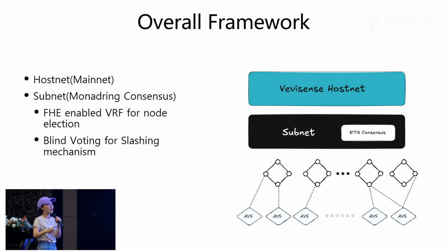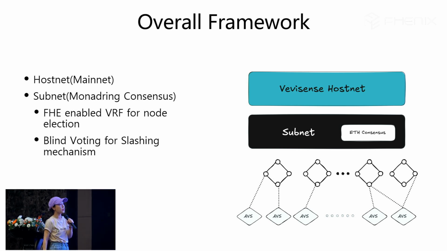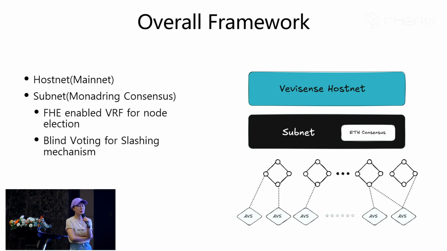And then this AVS network, essentially the subnet in our system, could be very small, starting from 3-5 nodes, just to allow the AVS application to be onboarded with the restaking platform at a very, very affordable price.